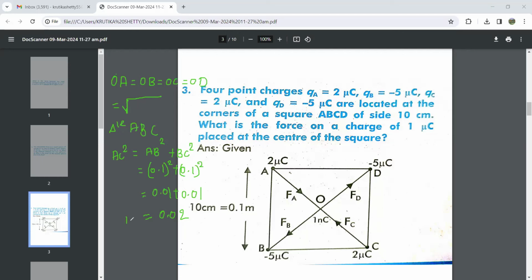Yes, so this is your AC square. Therefore, AC is equal to 0.141. 0.141.